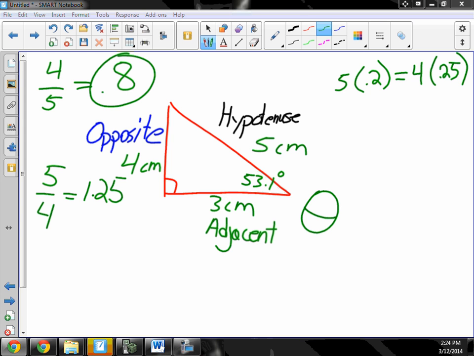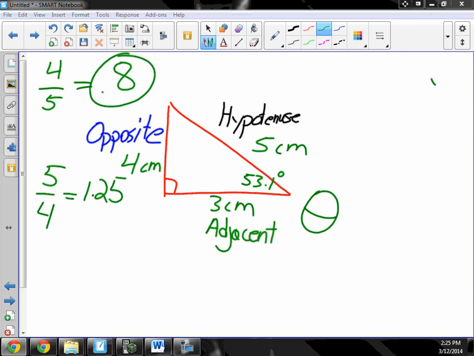That's why they don't match up. Because if you're comparing opposite to hypotenuse, your comparison is on a longer length. If you compare hypotenuse to opposite, your comparison is in terms of a shorter length. So 20% of 5 is the same as 25% of 4. They're both 1.